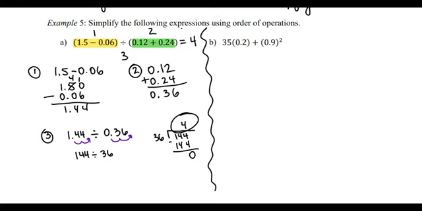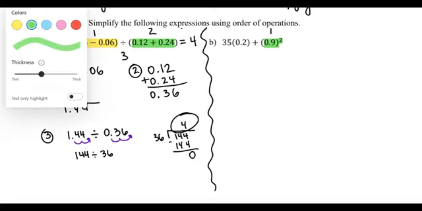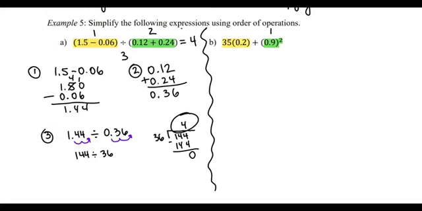All right. And then the last part is we have part B. You have 35 times 0.2 plus 0.9 squared. Just a multiplication. All right, so let's do the 0.9 squared. So that's going to be first. Then I'm going to do multiplication.